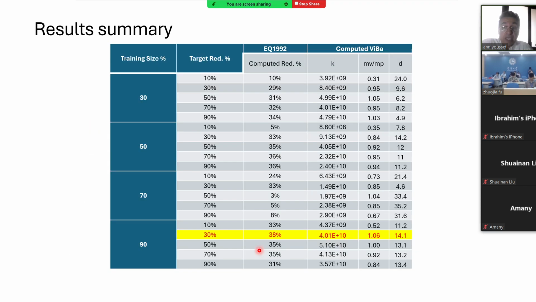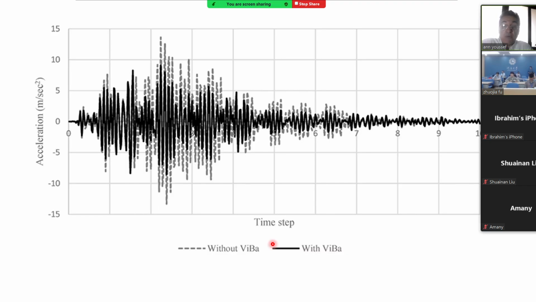Our target design reached 38% reduction. This is the peak acceleration for the top of the pyramid, and you can see the reduction of about 38%.